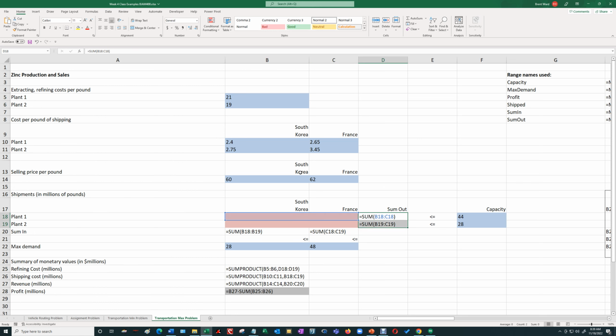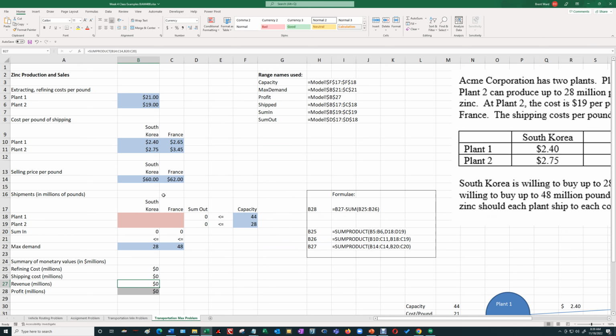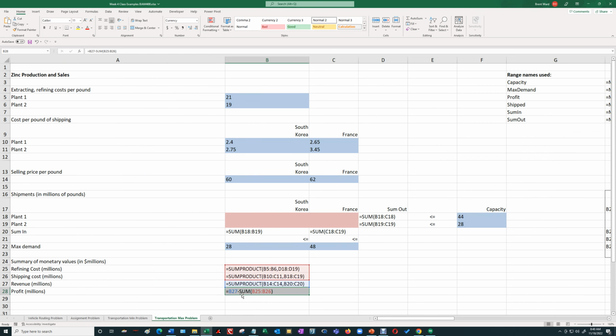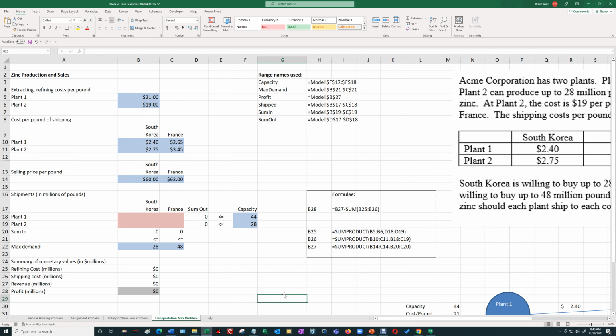And then the shipping cost is taken by doing a sum product on all of this, multiplied and summed. And that's what this formula does. And then the revenue is going to be the sum product of these revenue figures multiplied by these total figures. The profit is just going to be equal to B27 minus the sum of these two values. Okay, so that gives you the layout of the problem.